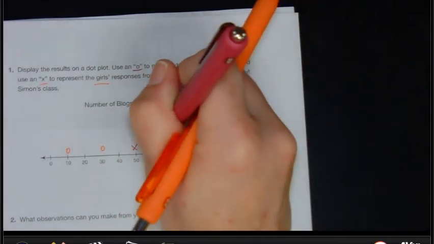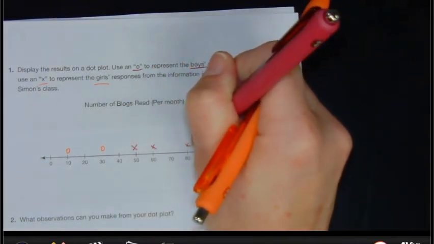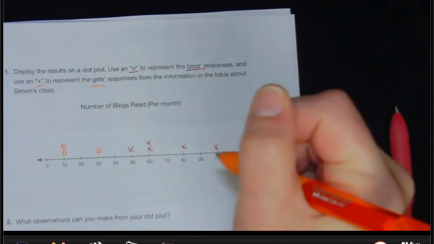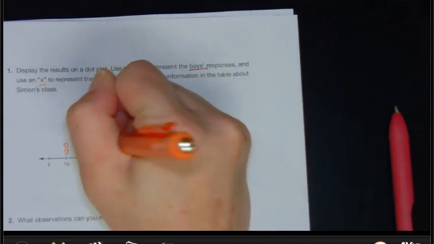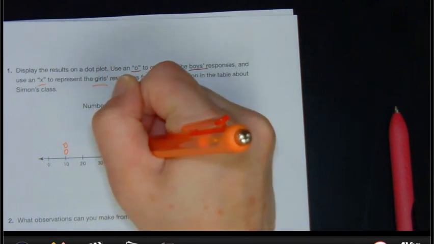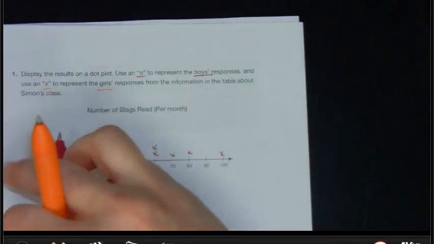Tamika, 60, girl. Sarah, 80, girl. Beth, 60, girl. Sam, 10, boy. Eric, 30, boy. Marcus, 40, boy. Carla, 70, girl. Ben, 30, boy.